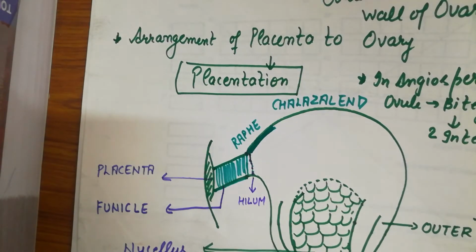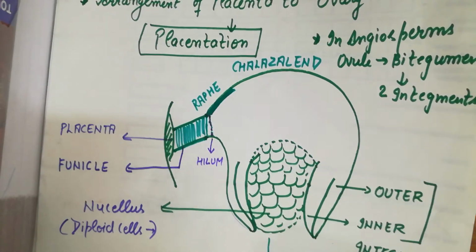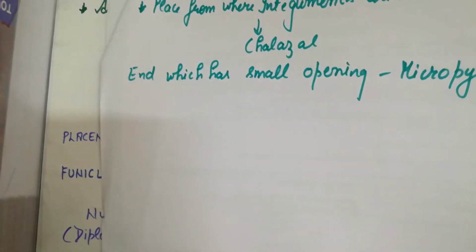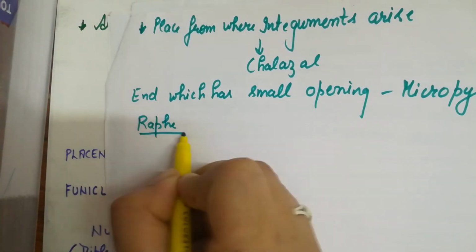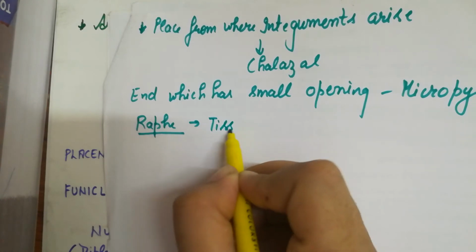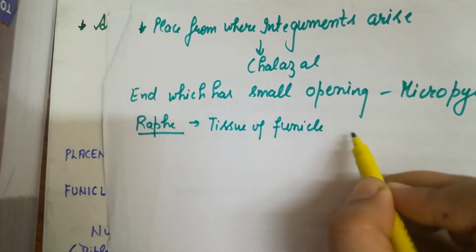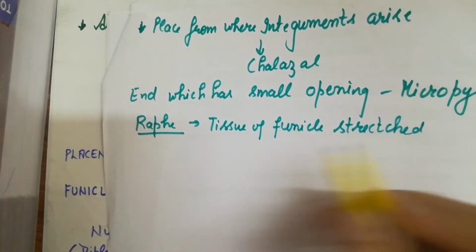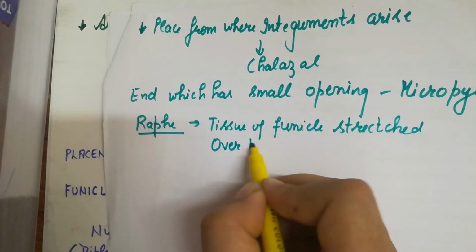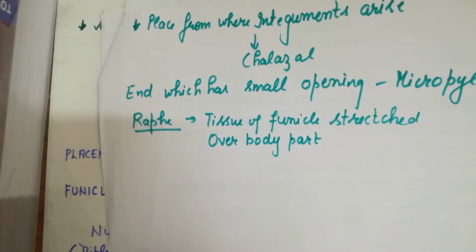So you have to note down 2 points: what is raphe and what is hilum. Raphe is basically tissue of the funicle that is stretched. When the tissue of the funicle is stretched over the body part of the ovule, that is called raphe.